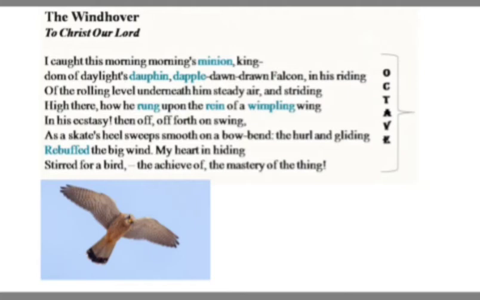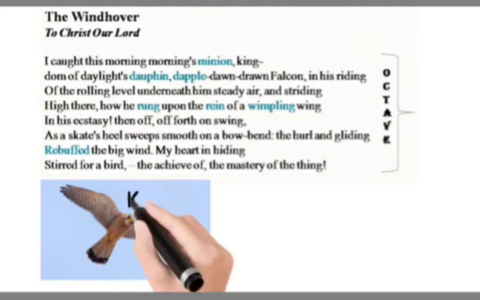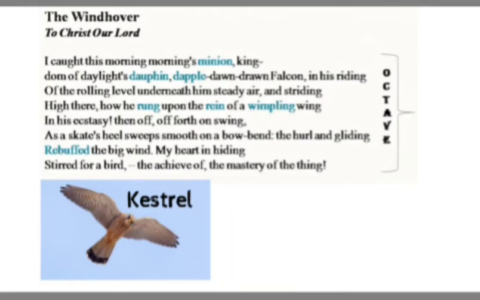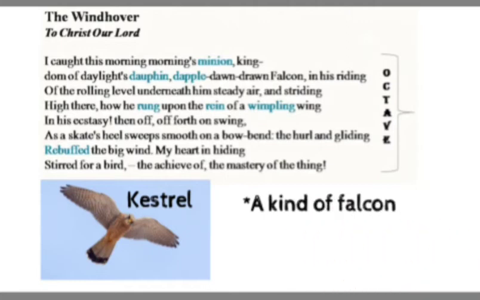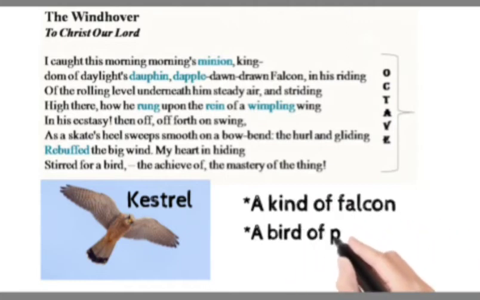Minion means devoted servant, but in this poem it means morning's beloved son. So the poet is calling the bird morning's favorite son. And in the next line he also calls the bird the prince of daylight. We can see in the second line, kingdom of daylight's dolphin. So dolphin means crown prince.